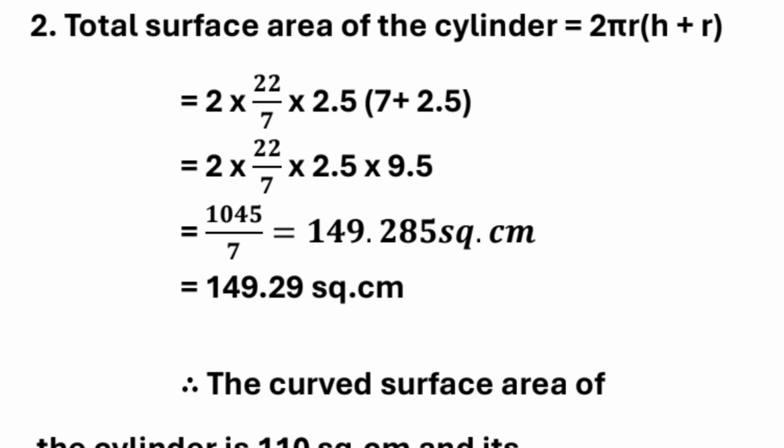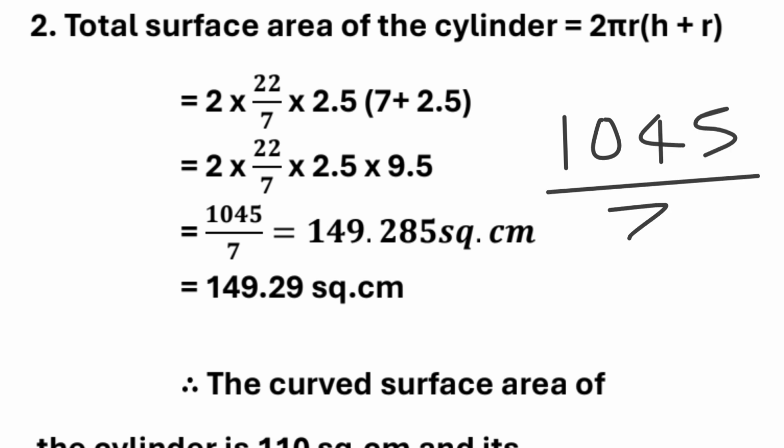Now we divide here, look here. 1045 upon 7, 7 ones are 7, okay, 10 minus 7 is 3, 3, 4, 34, okay, therefore 34, 7 fours are 28, 34 minus 28 is 6, okay, and this 5 means 65.